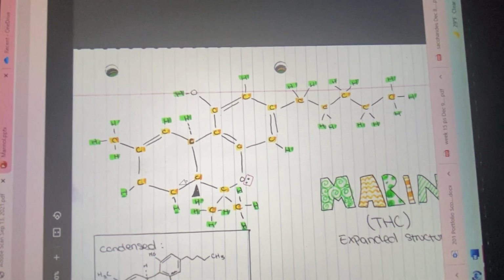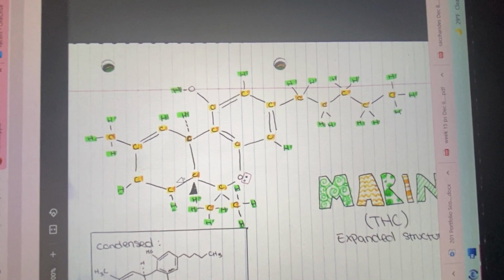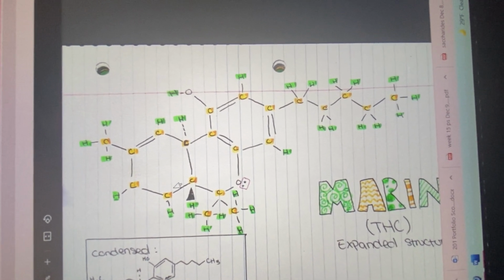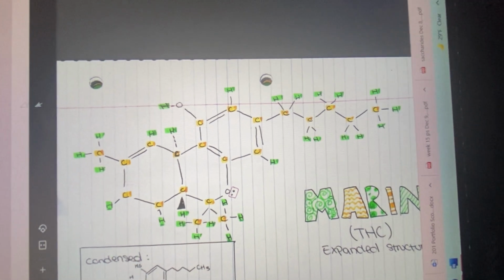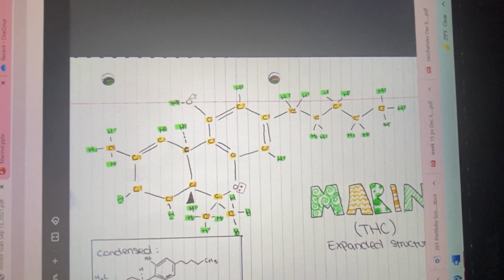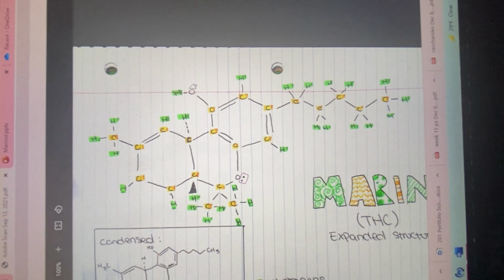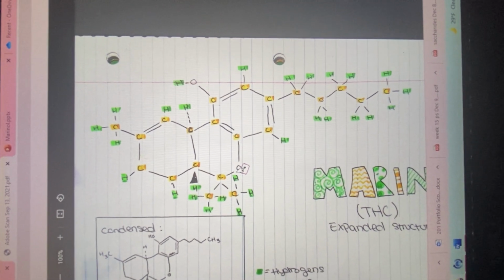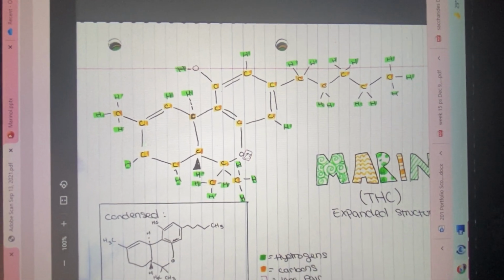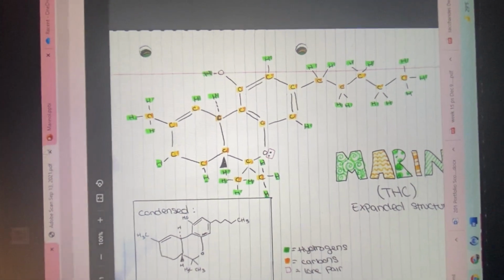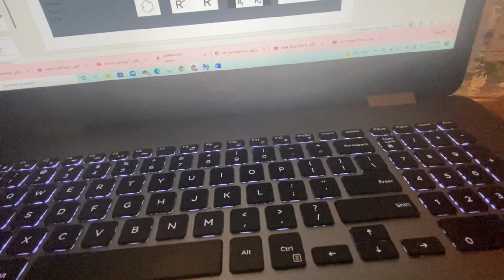Here you can just see the hydrogen bonds to the carbons and some lone pairs. There would be two lone pairs in this alcohol group and one more pair on this oxygen. Now going back to the presentation.